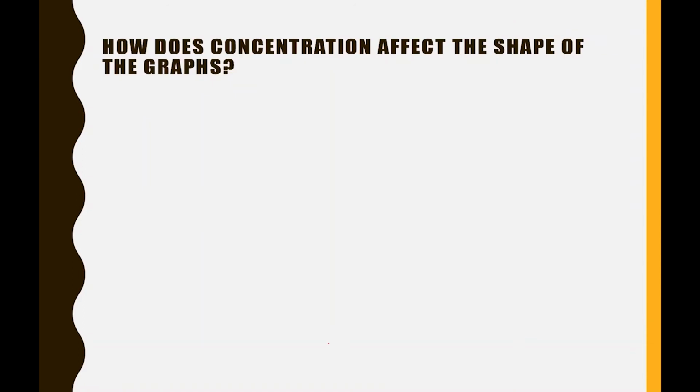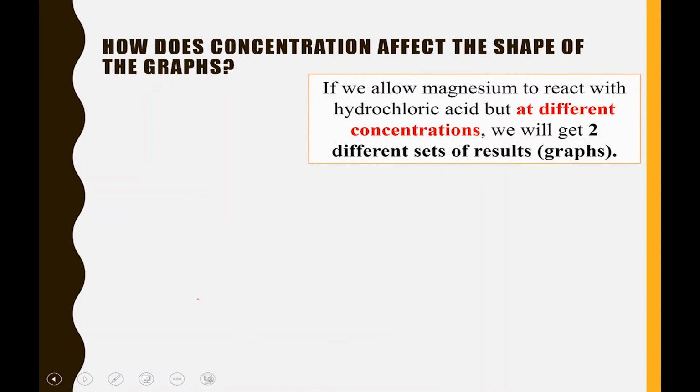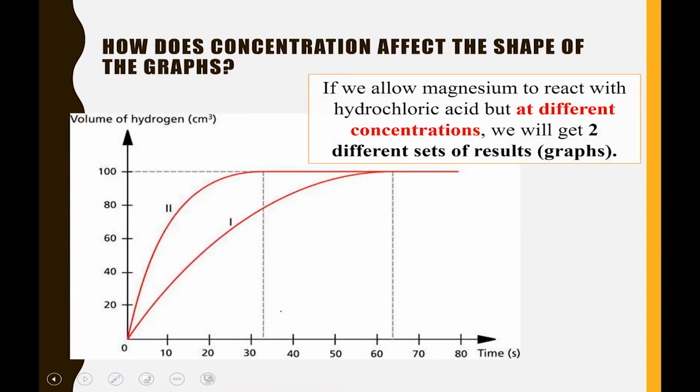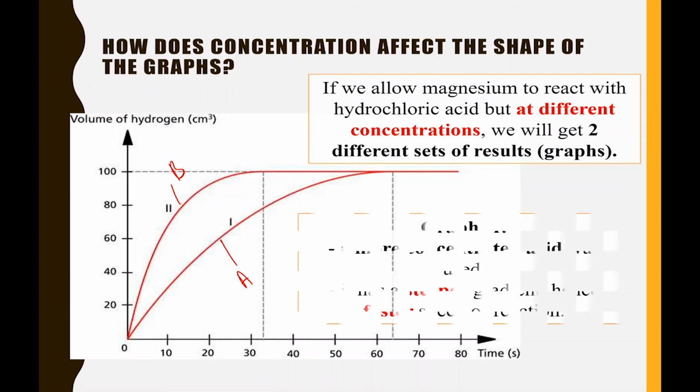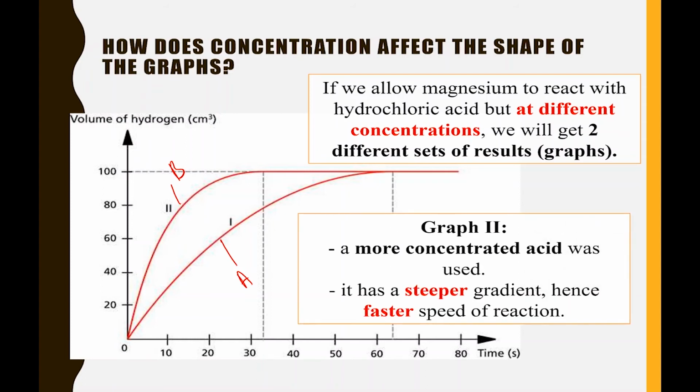Okay, so how does concentration affect the shape of the graphs? So again, you can see here, when your concentration is increased, okay, so this is actually beaker B and this is beaker A. When your concentration was increased, right, your gradient will become steeper because your speed of reaction is faster.